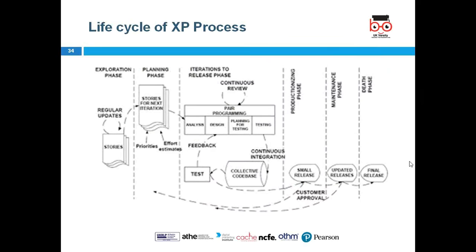We'll discuss three of them here. In extreme programming, the phases are given in this sequence: exploration phase, then planning phase, then iterations to release, then the productionizing phase, and then maintenance and death phase.